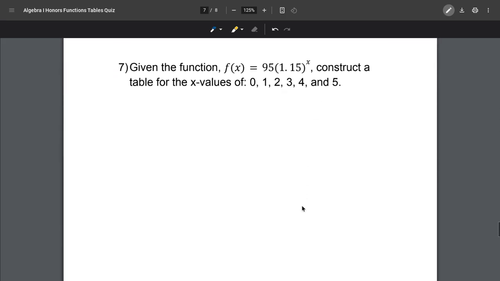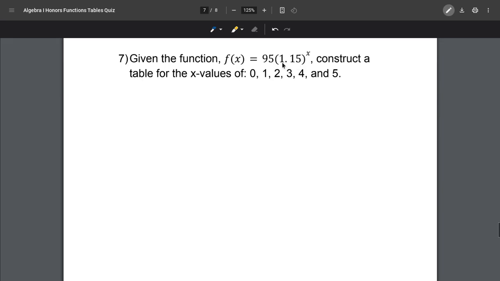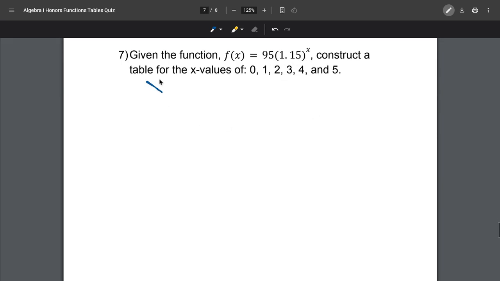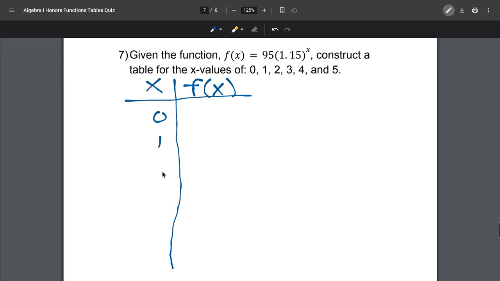Okay, problem 7, we're given an exponential function, 95 times 1.15 to the x power, and we want to construct a table for values 0 through 5. Zero, 1, 2, 3, 4, and 5.